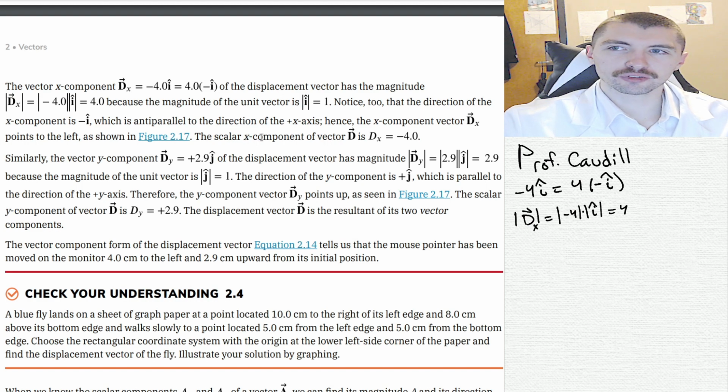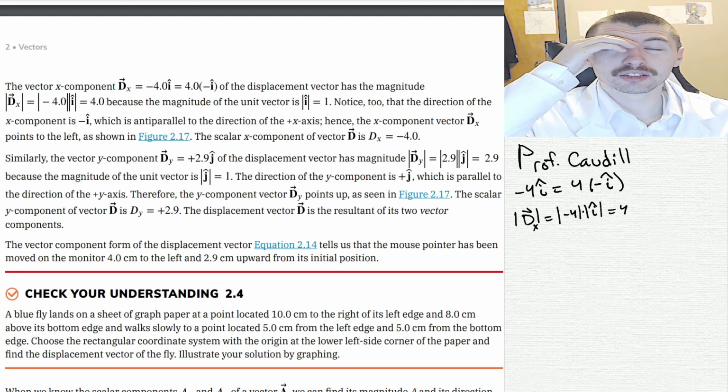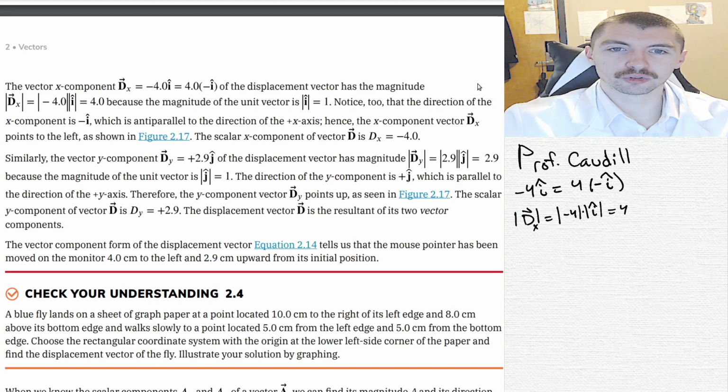So you see, even if I hat was negative, it would still be 4. Now if it was a negative I hat and negative 4, then that would be 4 as well. Parallel to the y-axis.